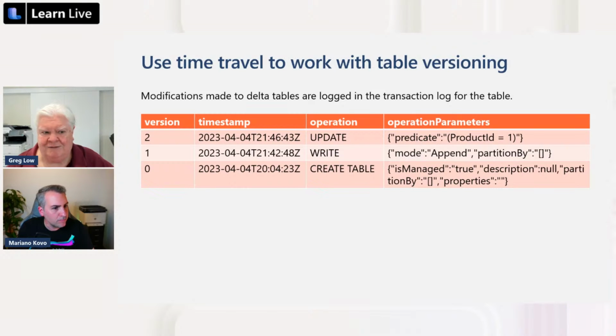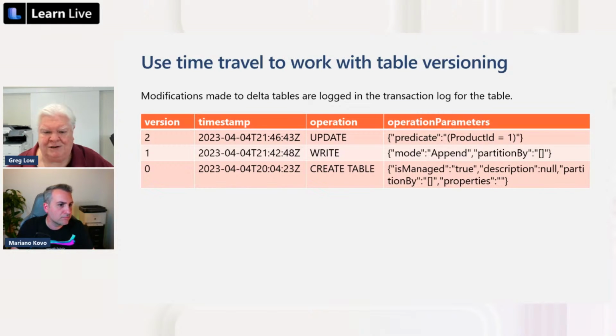Notice version 0 was the initial one, so I created the table. It was a managed table, and we see the properties in there. This is coming from the transaction log for the Delta table. Then I did a write, and then an update after that. All those operations are recorded.